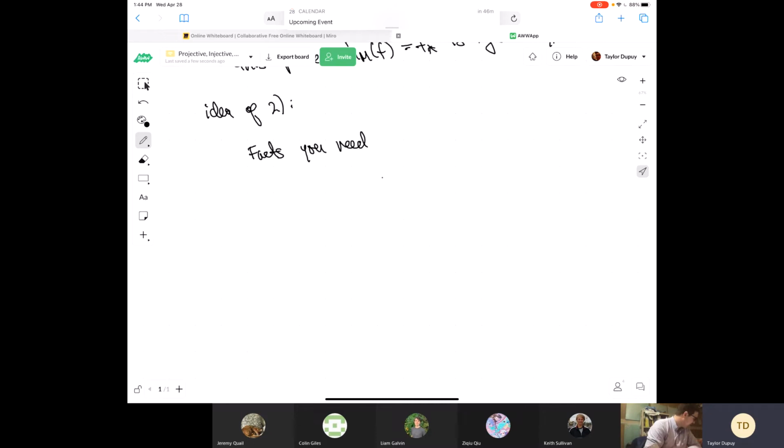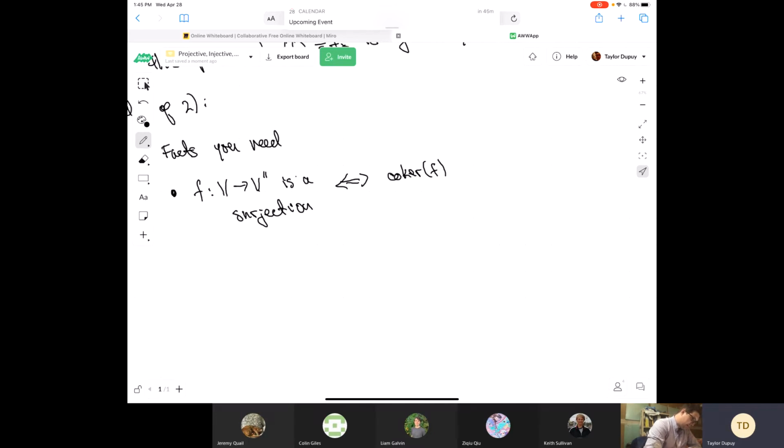The fact you need is that f from V to V prime prime is a surjection if and only if the co-kernel of f, which is defined to be V prime prime mod f of V, is 0.